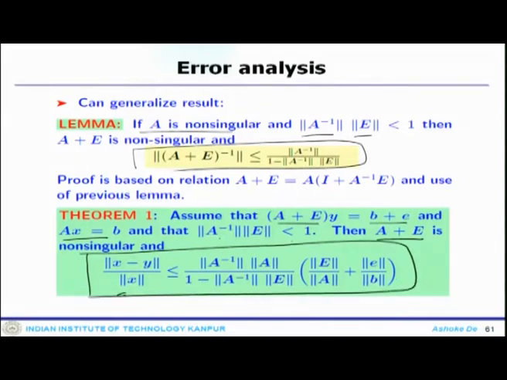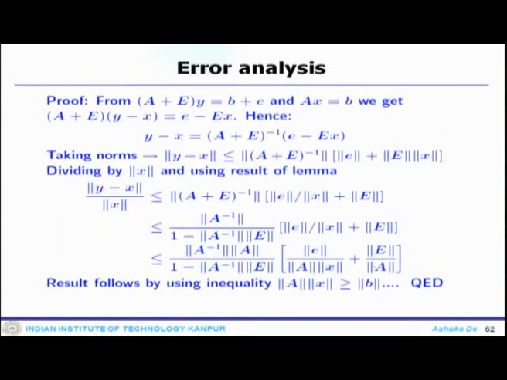This is the normalization, then you get the norm of A inverse times the norm of A divided by 1 minus A inverse E, times the quantities E by A and epsilon by B. So, how do you prove that?